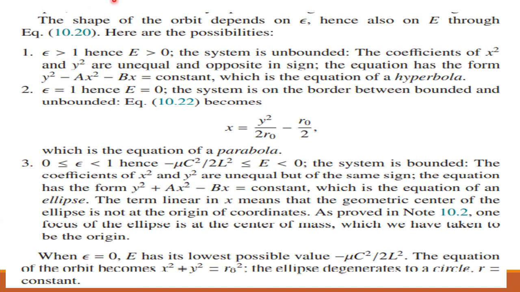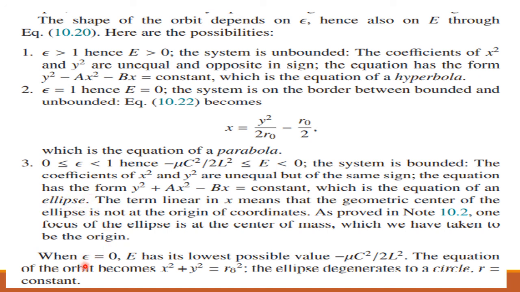The third case is when the eccentricity is between 0 and 1, and the energy is between these two values. Then the system is a bounded system, and you get the equation of an ellipse, so the satellite follows an elliptical path.